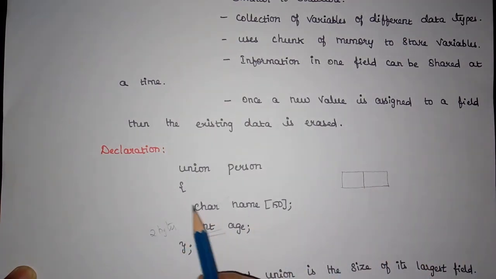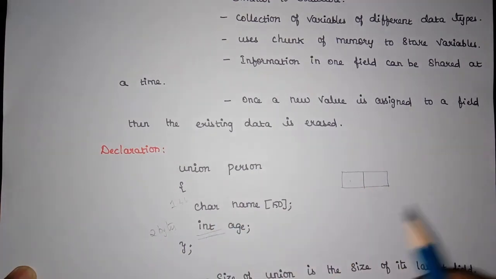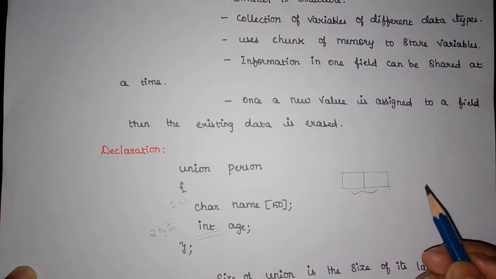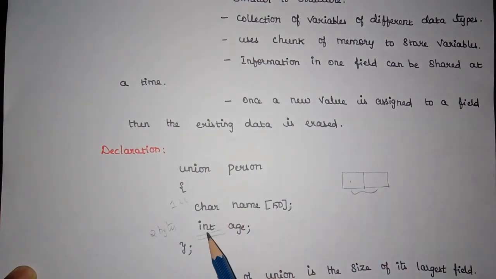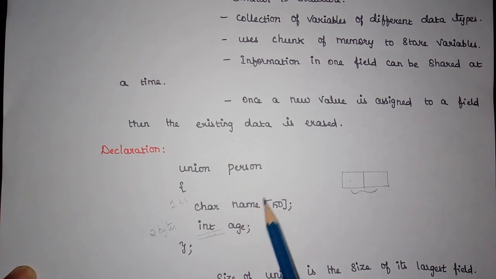Even though the character has 1 byte, the character will make use of this 1 byte, and if you are using integer data, it will make use of these 2 bytes. So how is the memory allocated here? Based on the data type having the greatest size, that size of memory will be allocated, and the remaining member variables can make use of that memory.